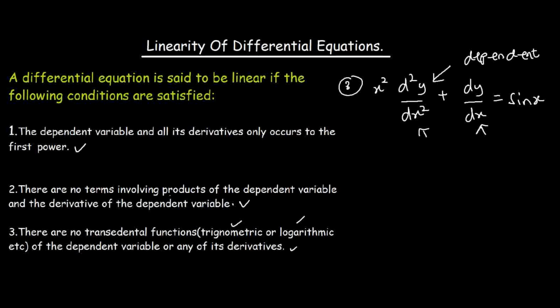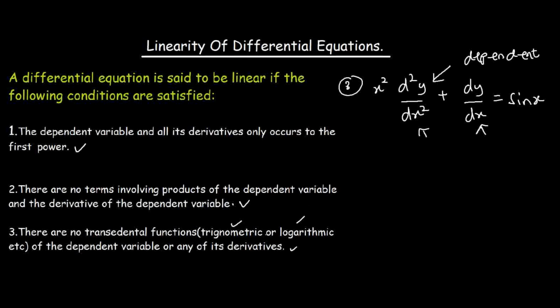The second one says there are no terms involving products of the dependent variable and the derivatives of the dependent variable. Looking at this differential equation, you see that there is no term where the dependent variable is multiplying any of its derivatives. So the second condition is also satisfied.